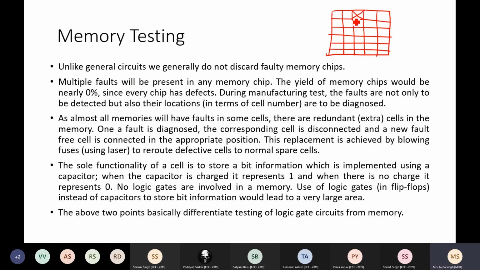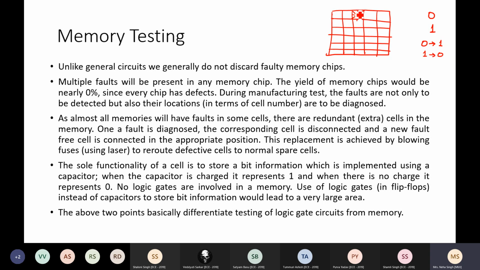Some fault occurred and we say that this is not working properly, this cannot store data. Memory को करना क्या है, या तो 0 रखना है या 1 रखना है. There may be a transition from 0 to 1 or 1 to 0. That is all that can happen in a memory. All these tests, किसी भी एक टेस्ट के लिए this memory location fails.